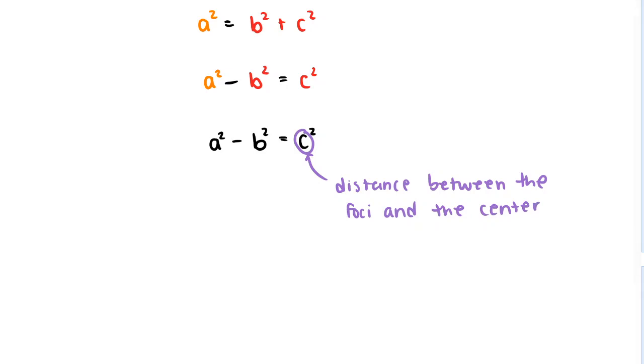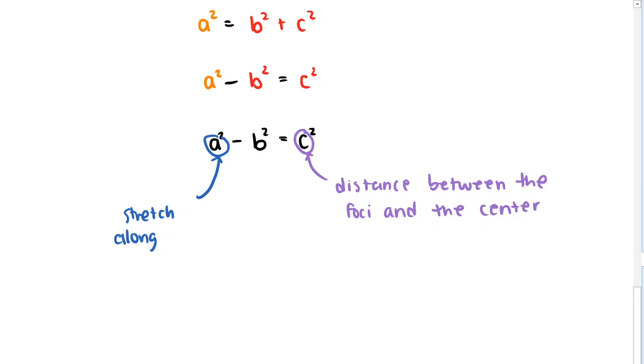And here a, this was the distance, or the amount we stretched our ellipse horizontally. And this was the stretch along, really the thing I want to emphasize here is what's special about the horizontal stretch in this case: that was the stretch along our major axis, the larger stretch for our ellipse.